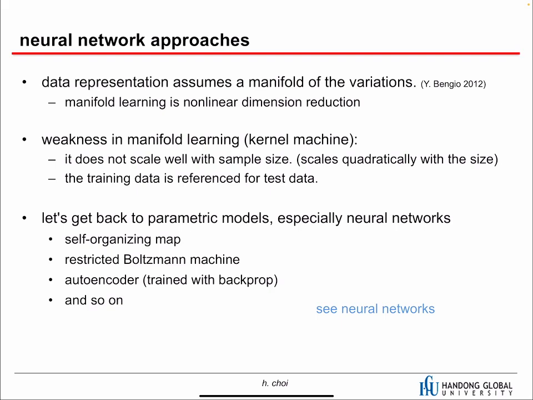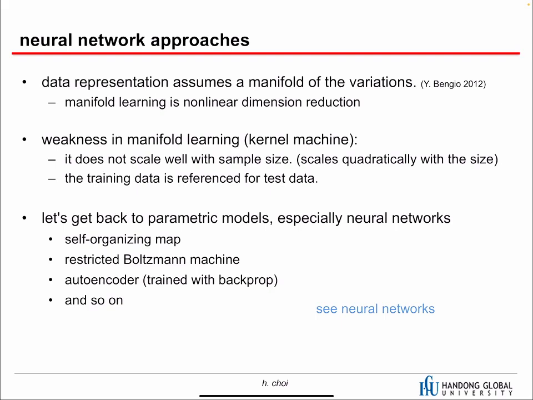Basically, they scale quadratically with the size. In Isomap and LLE, when we have n samples, they have to solve an eigendecomposition of an n by n matrix. In t-SNE, we don't have eigendecomposition, but in the loss function we have a sum over all the samples. Another problem is that the training data is referenced for test data, so we cannot throw them away. We have to keep all the training samples for the test data.